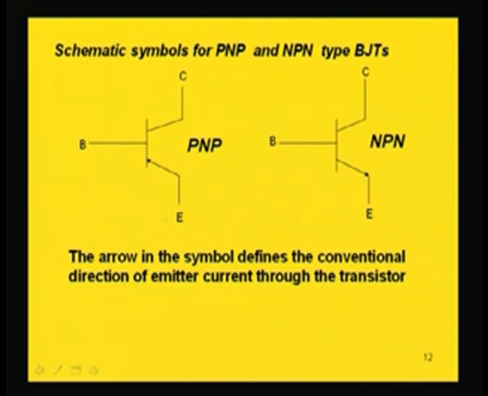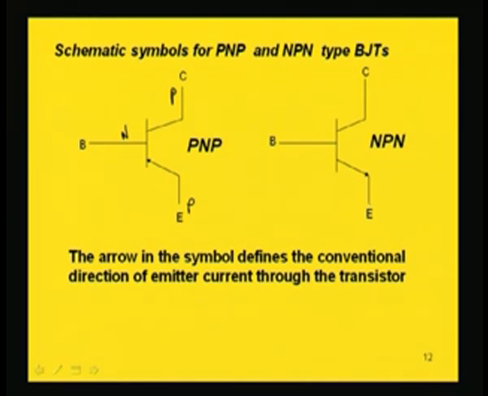If it is a PNP transistor, the emitter base junction will be forward biased and the collector base junction will be reverse biased. We have seen the emitter current will be flowing towards the transistor, because the emitter is P, and P is connected to the positive terminal, so it will be repelling the holes to move to the base. So, the current will be towards the device. But in NPN it is the other way around. In NPN the emitter has majority carriers, electrons, and it is forward biased.